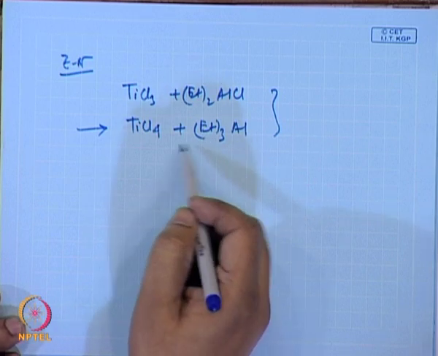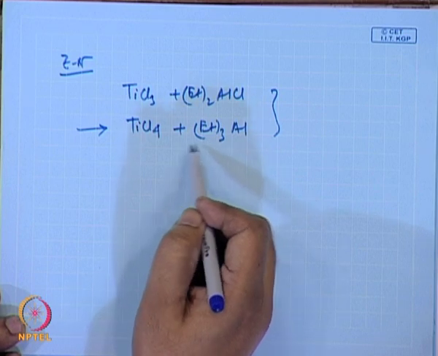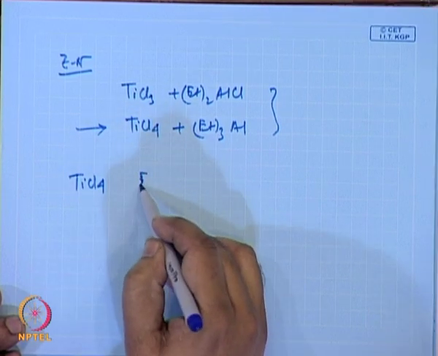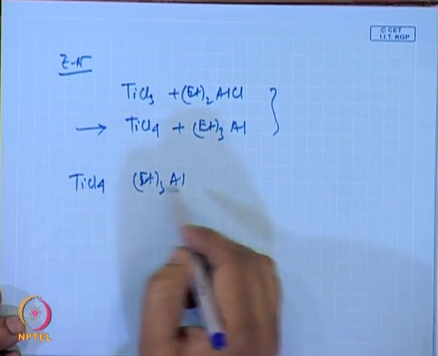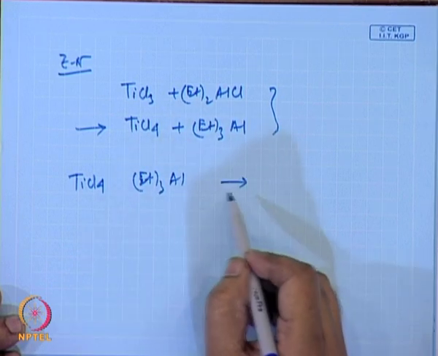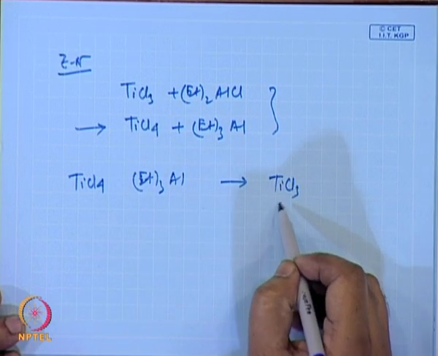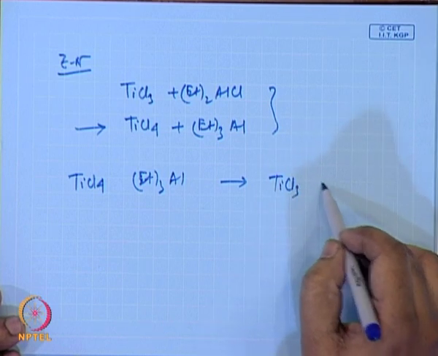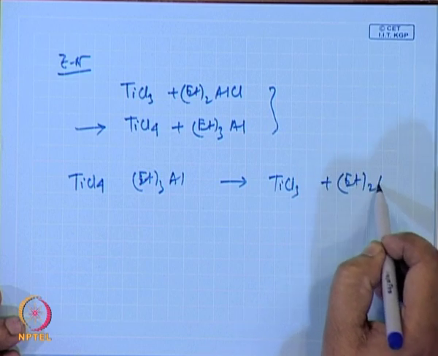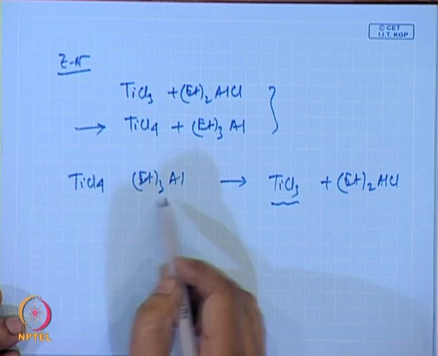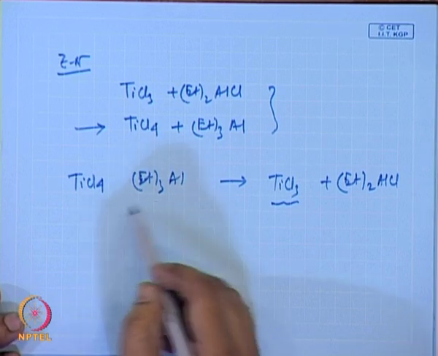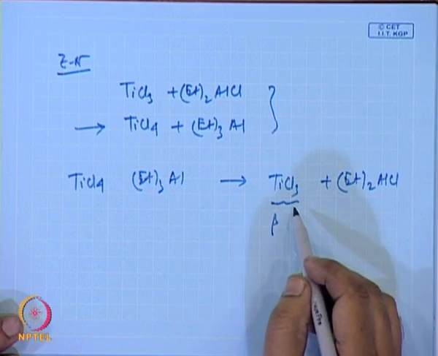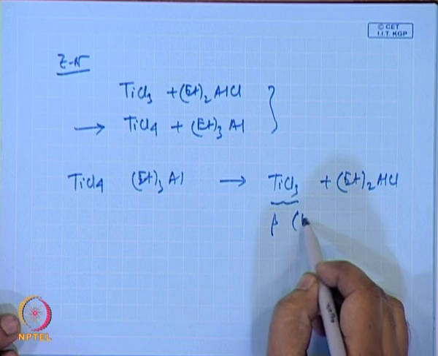And what happened when these are mixed, TiCl4 and triethyl aluminum, taken in a non-polar solvent and mixed? It produces titanium trichloride. When you mix these two, as Ziegler did, this forms a beta form of titanium chloride, which is brown in color.